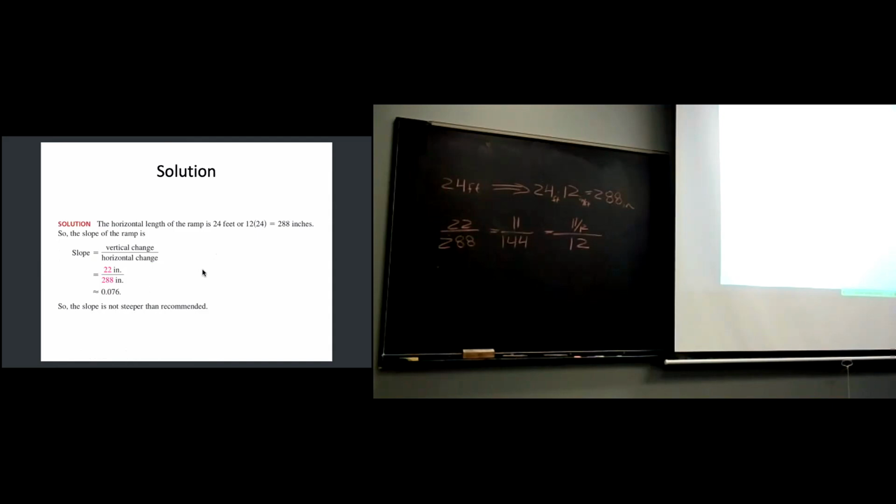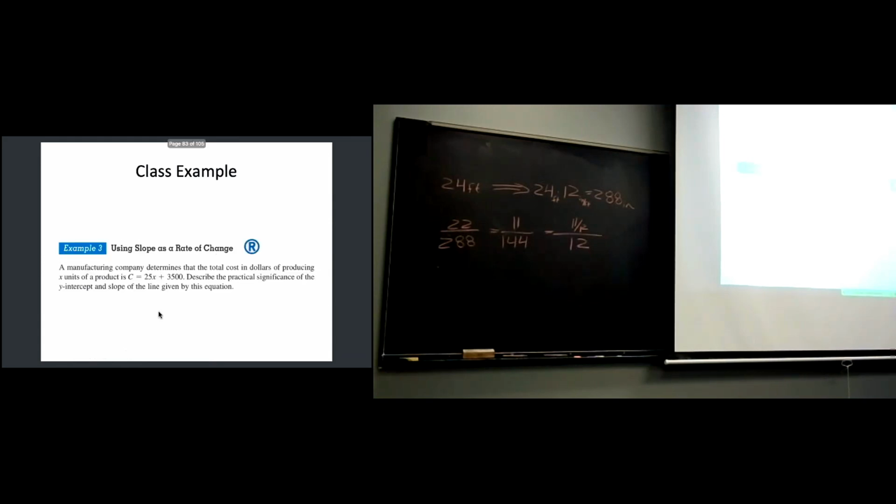So just really quickly looking at what the book's solution is, they rewrite slope as the vertical change over the horizontal change. They recognize that it is in fact less steep than what's recommended. So one way we can think of slope is as a rate of change.